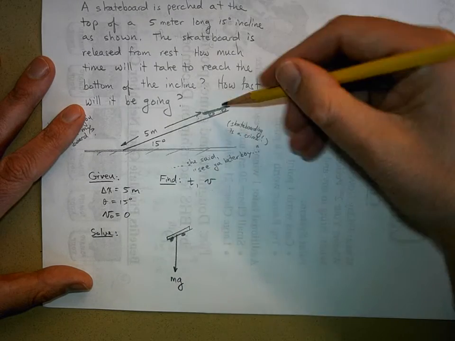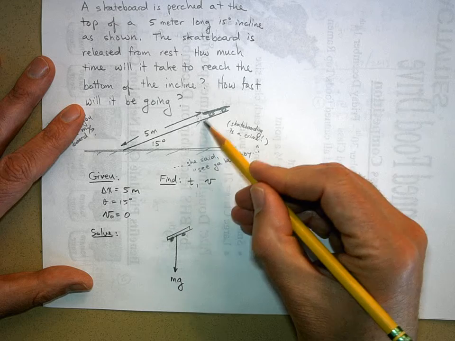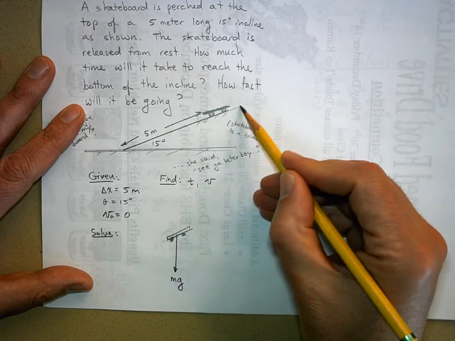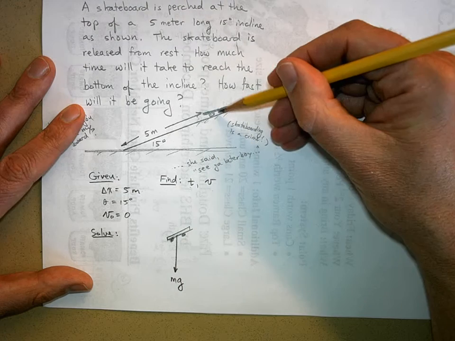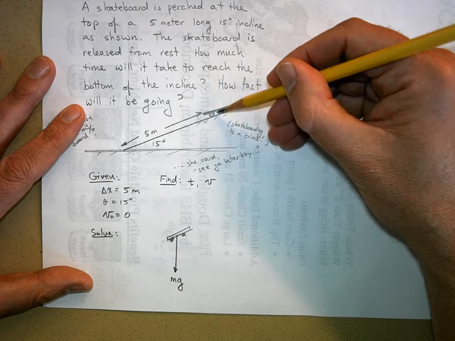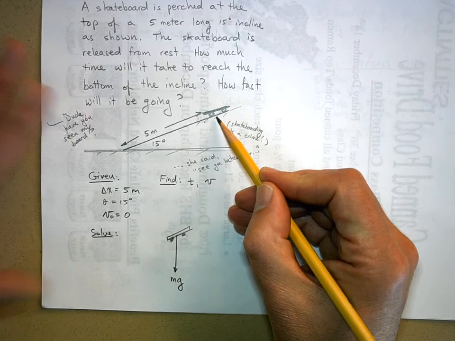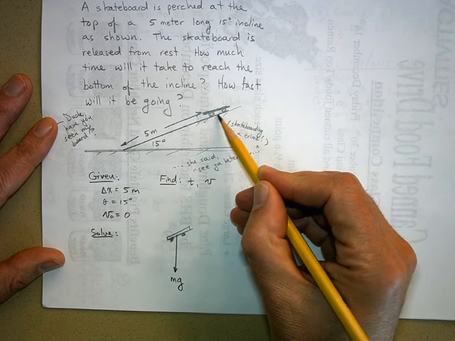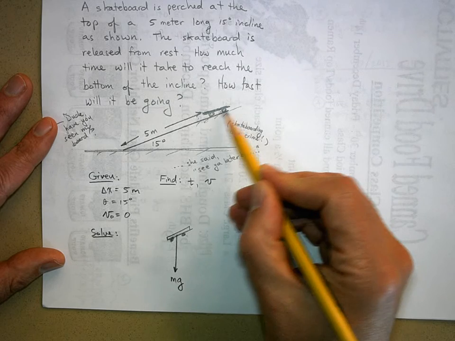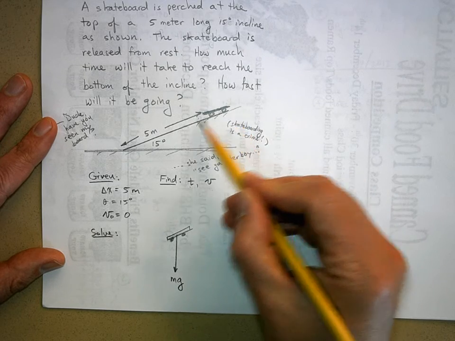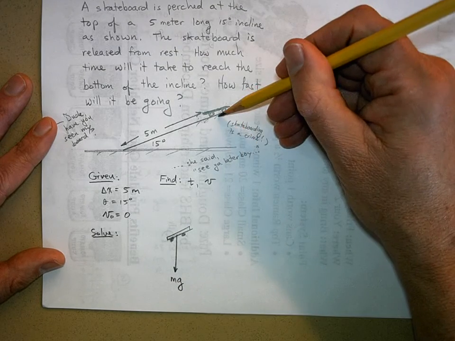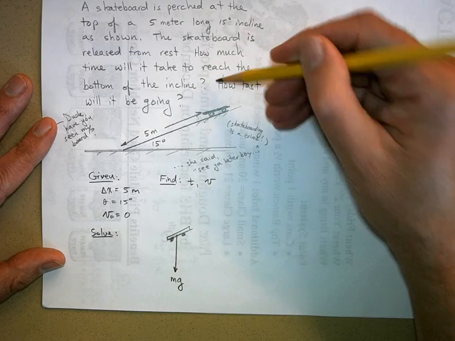Now we've got a normal force. Here's our solid surface, and it can push the skateboard perpendicular to it. The wheels eliminate any friction, so this surface cannot apply any force that's parallel, but it can apply a force perpendicular to that surface.